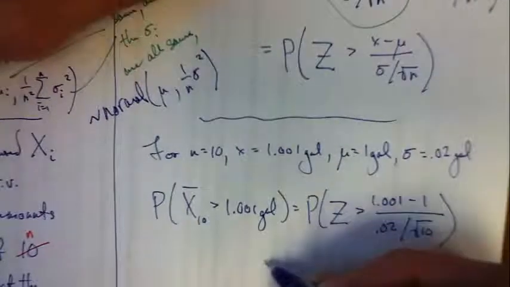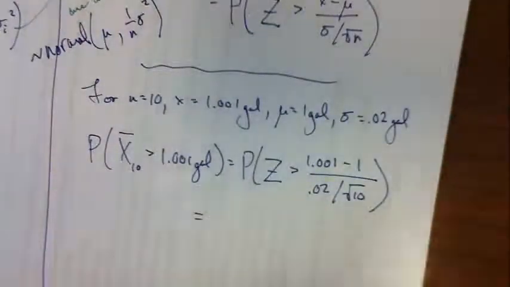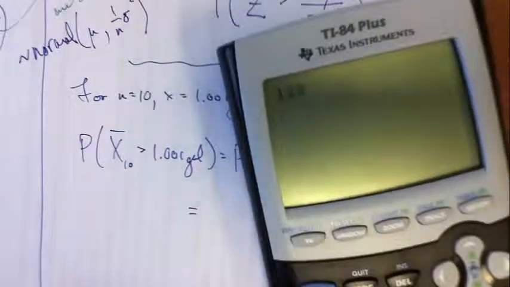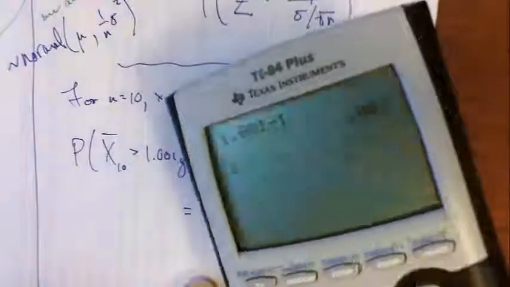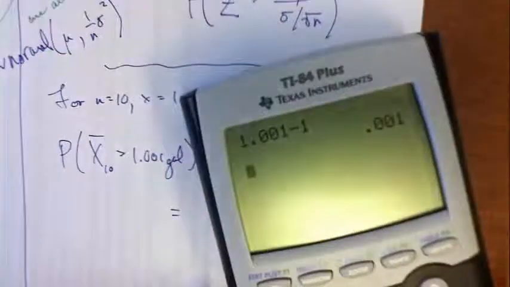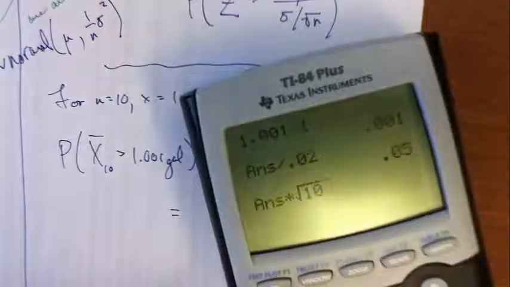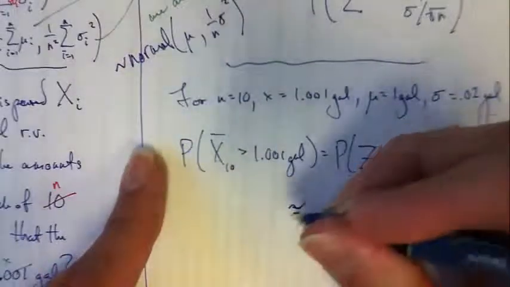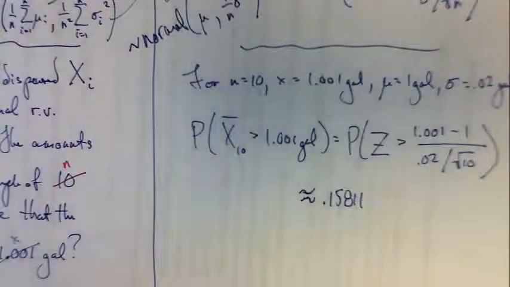I've dropped the units since they're going to cancel anyway. And so that is going to be what? 1.001 minus 1, that's 0.001, divided by 0.02 and then times root 10. Okay, about 0.15811. About a 15% chance, 16% chance, something like that.